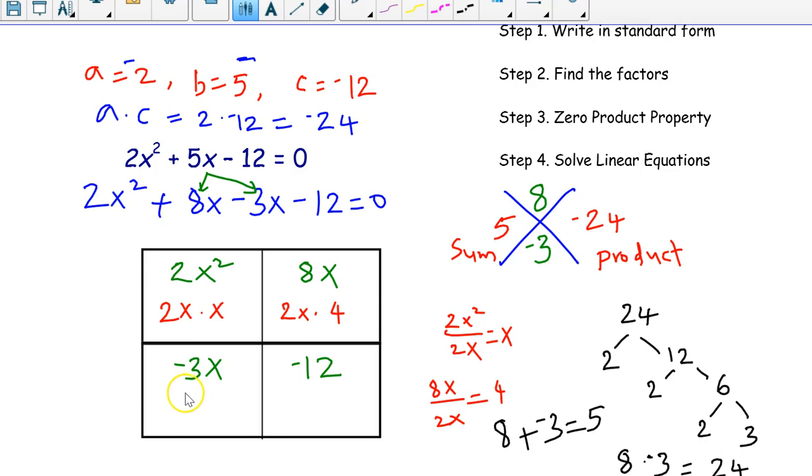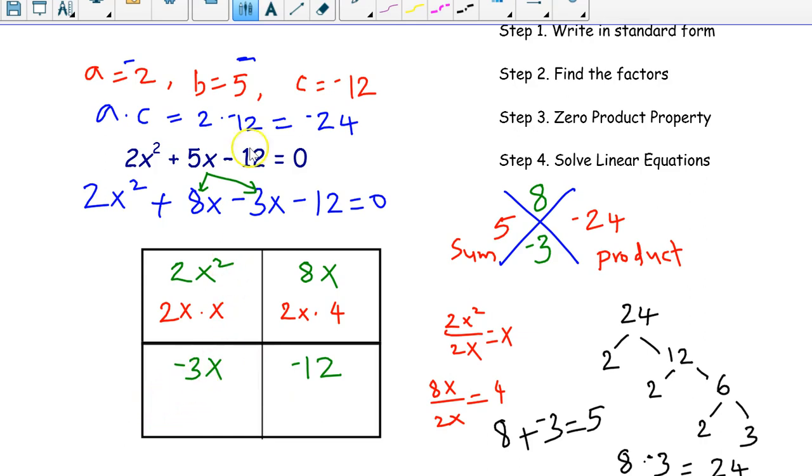Now in the same way, let us go down to the second row, negative 3x minus 12. What is the greatest common factor between 3 and 12? Of course it is 3, because 3 divides 12. So I just take out 3, and both of them have a negative sign.